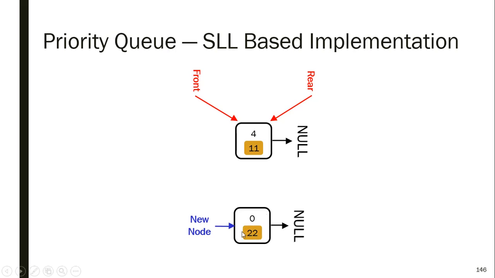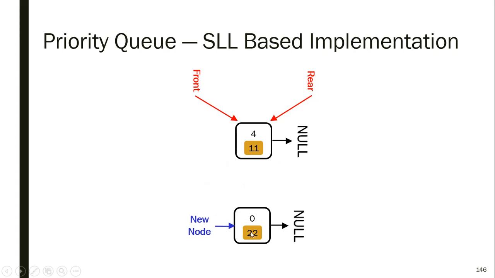You can check the priority: if the priority of the new node is less than the priority of this front, it means it will become the front node, and if it is greater than, it will become the rear node. If it is equal, you can go either way. You can make it either front or rear.